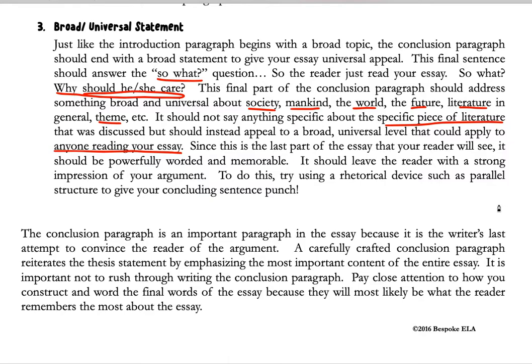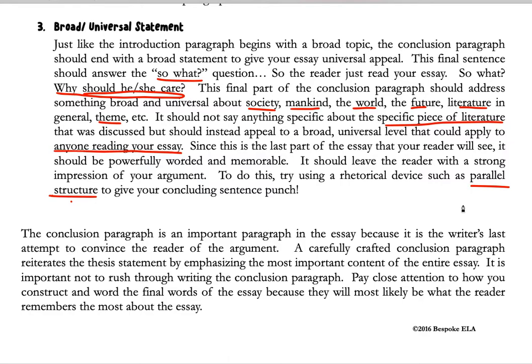To do this, try using a rhetorical device such as parallel structure to give your concluding sentence some punch. Parallel structure was talked about a little bit in your introduction paragraph lesson. That's using things like anaphora and using the same structure in a sentence repeatedly. It adds some lyricism, but it also adds memorability.